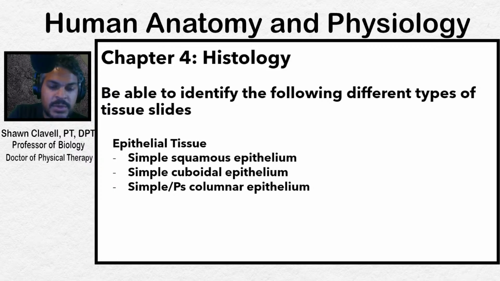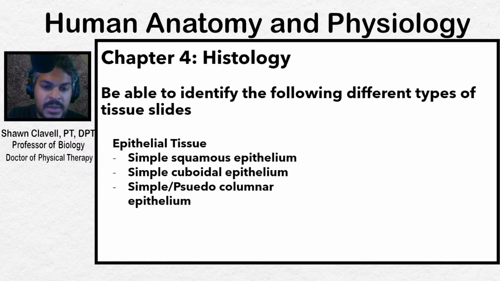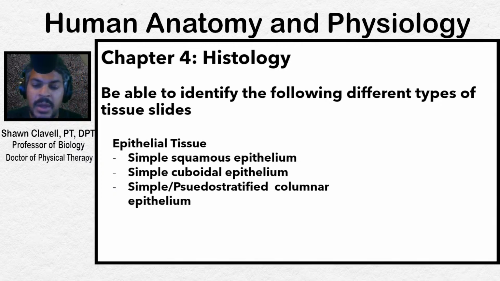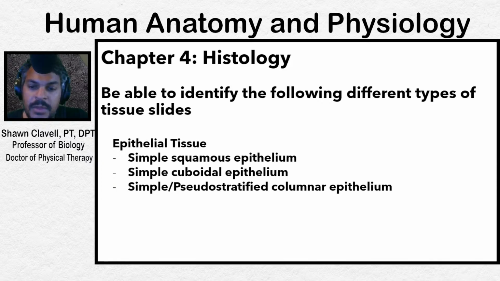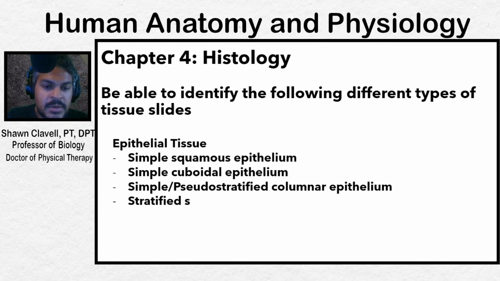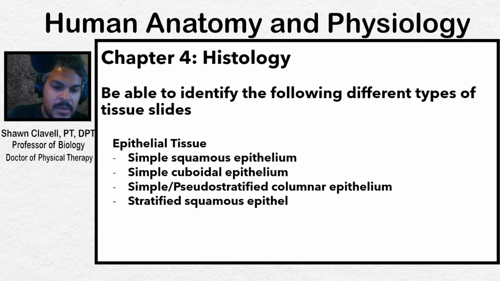So for either one of those, because they look so similar, I'd give you credit if you said either one for that. And then the next one here is stratified squamous epithelium.